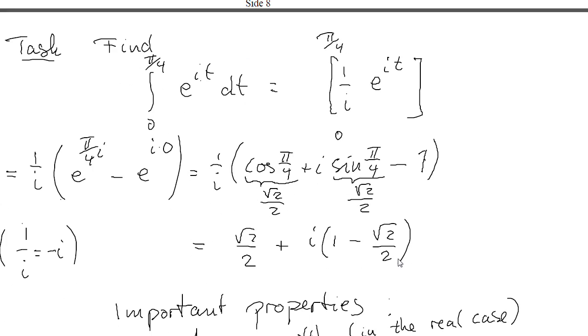So we directly obtain, using that, yes, here we should multiply both the numerator and denominator with I, and then we observe this identity, and this is used to obtain the resulting integral. The real part is the square root of 2 over 2, and the imaginary part is 1 minus the square root of 2 over 2.